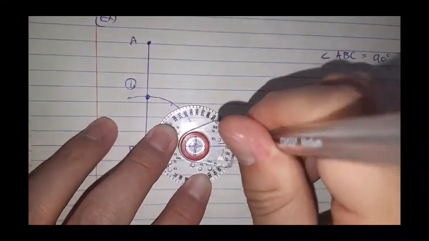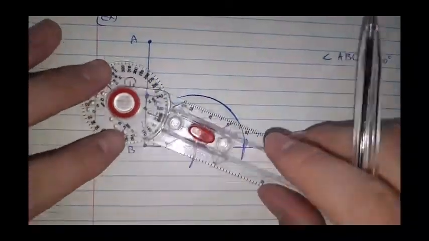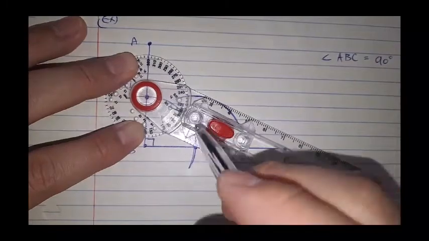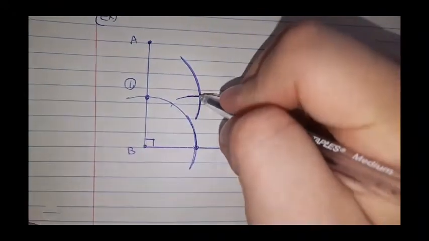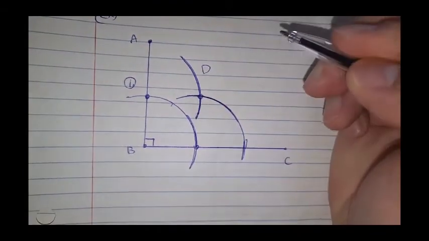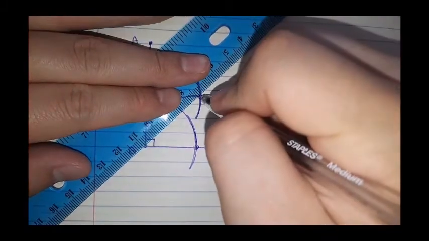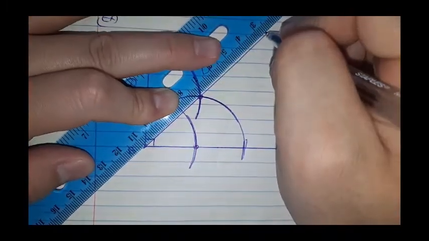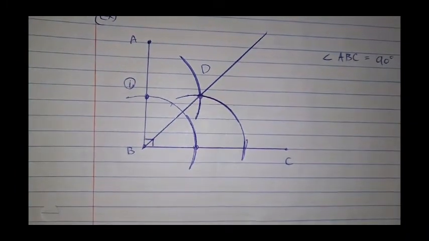Does hit a little bit, but whatever. And you may notice that I'm drawing a semicircle, and that's okay. Do the same thing on the other side. And can you see this intersection point over here? I'm gonna call this point D because that's what we need to put a line through, from the center all the way to the end. That is my angular bisector.